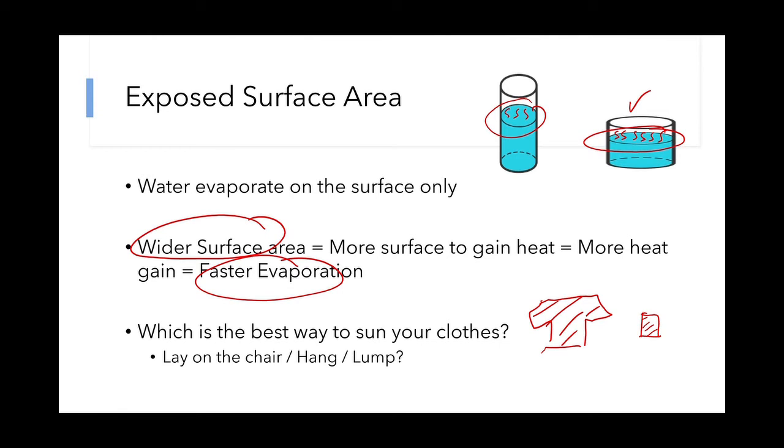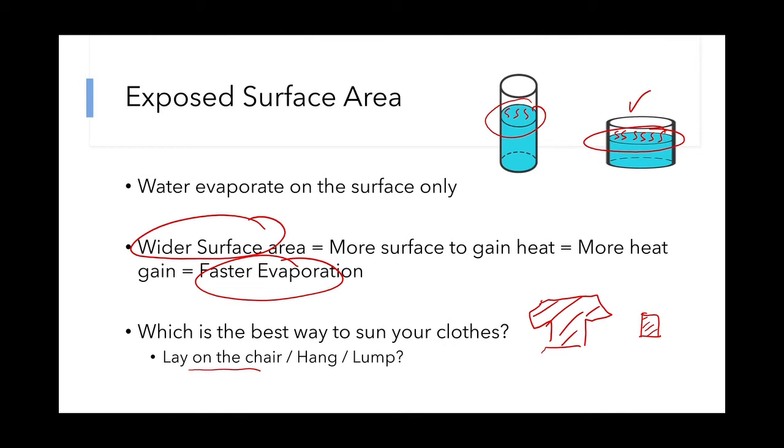Then of course, sometimes during exam it may be a bit tricky. How about comparing with hanging on a chair? Hanging on a chair is also wide open, but however, if you hang it in your service yard, or hang on a hanger, you have both sides of the shirt that's exposed. But if you lay it on a chair, only one side is exposed.